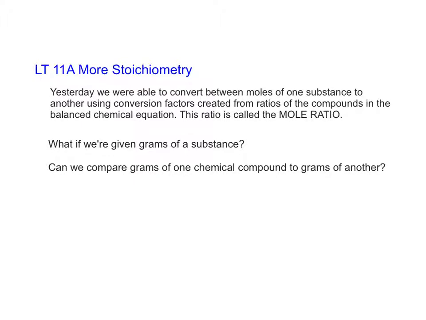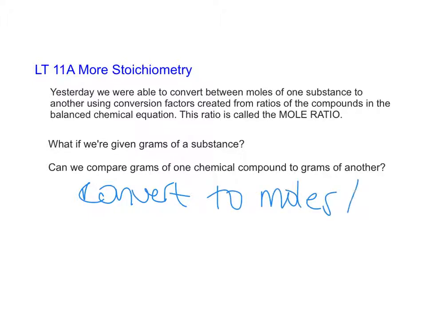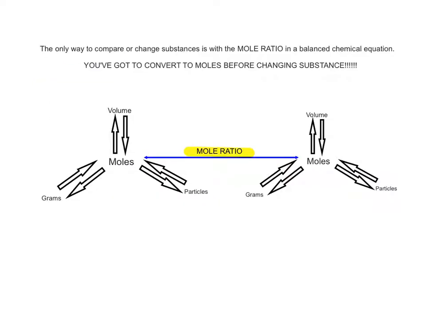So we're able to convert between moles of one substance to another. If we're given grams, the first thing you have to do is convert it to moles. So the mole map can end up looking a little bit different here. Now we've got a double mole map.